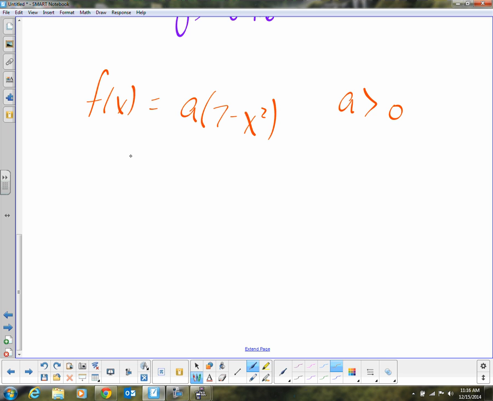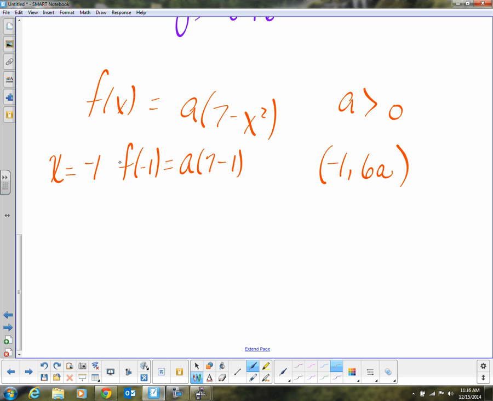Find, in terms of a, the equation of the line tangent at x equal to negative 1. What is my y value? What's f of negative 1? 7 minus 1 squared. How about 6a?